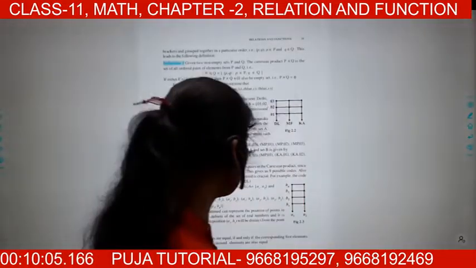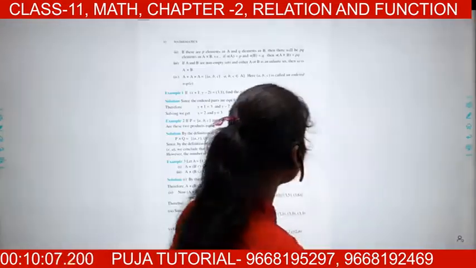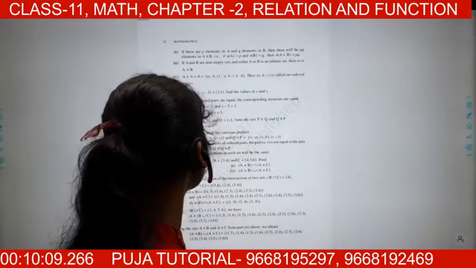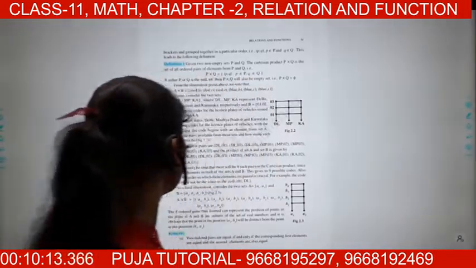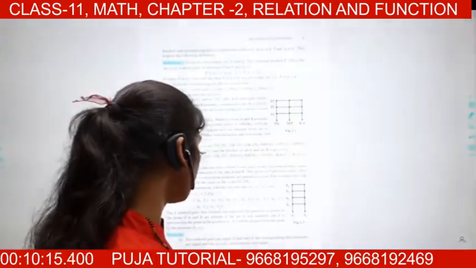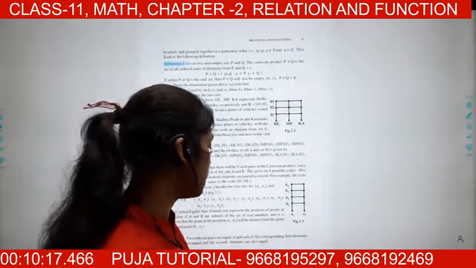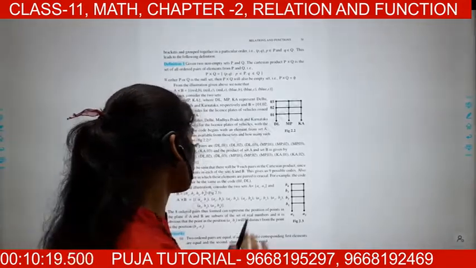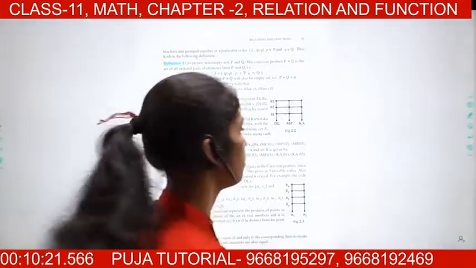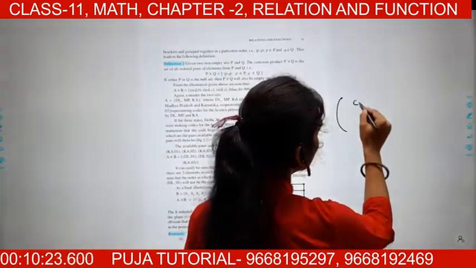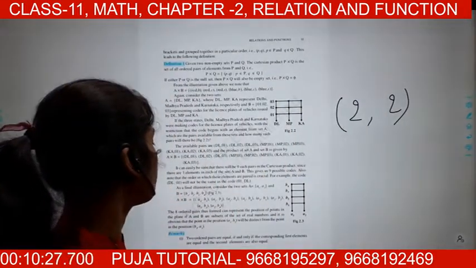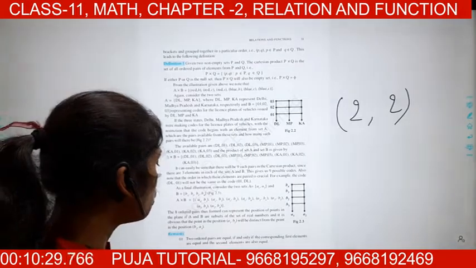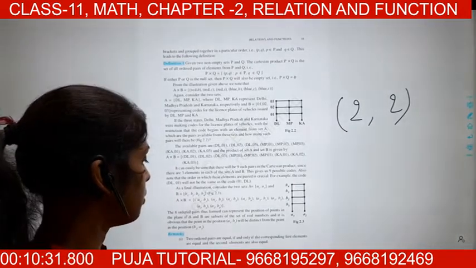Now, next is a remark. Two ordered pairs are equal if and only if their corresponding first and second elements are equal. Let us suppose this is your ordered pair.